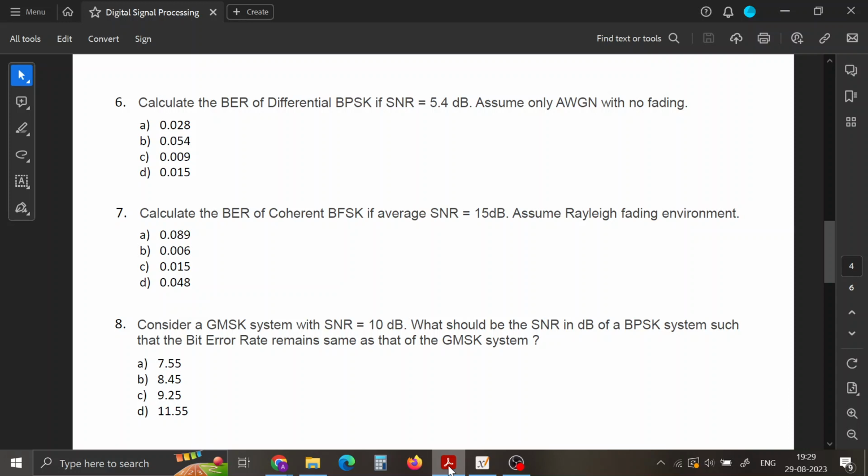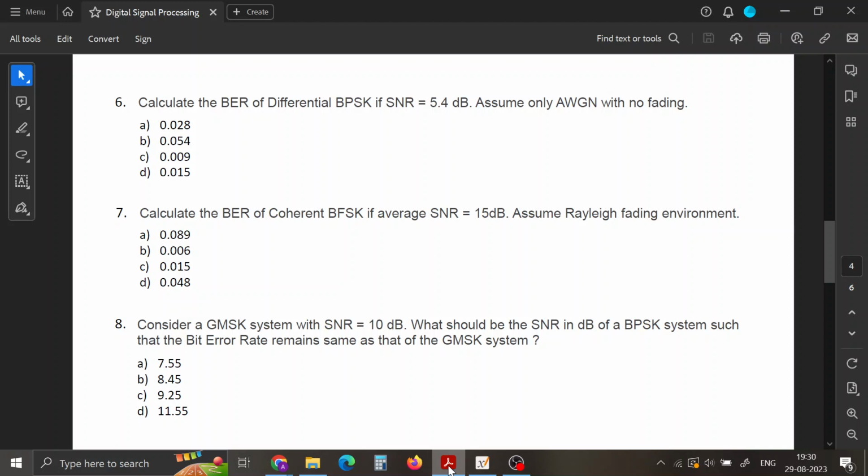Now it says what should be the SNR in dB of a BPSK system such that the bit error rate remains the same, for the same BER performance as that of the GMSK system. My bit error rate is the same for GMSK and BPSK. If that's the case, then what should be the SNR of the BPSK system? That's what's being asked. So GMSK, if you remember, was Gaussian minimum shift keying, and it was discussed in the last lecture of week 5.